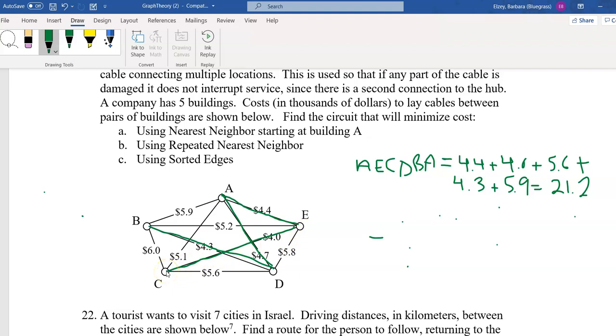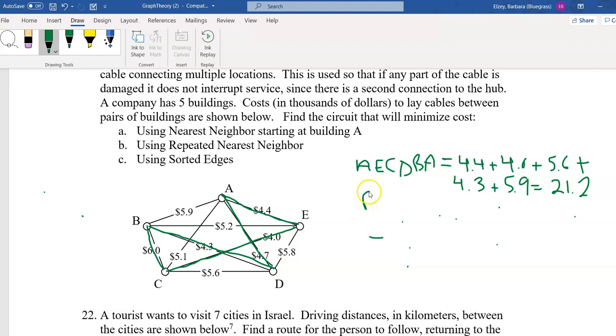All right, now we've gone to every vertex. So we really need to close the circuit. So notice if we chose the smallest, 5.1, that would put 3 edges coming out of A, which we can't do. The next one would be 5.6, and that would be 3 edges coming out of D, which we can't do. So we just have to close our circuit now.